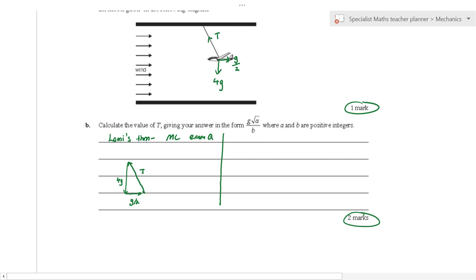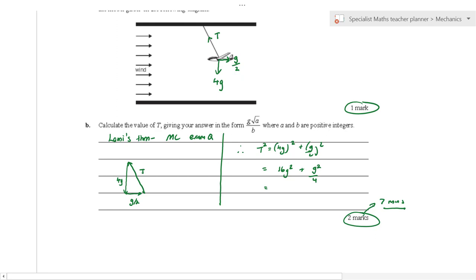Okay, if you don't know what you're doing though, you could spend 7 minutes doing this question. All right, well, you can put your timer on now, but what we can say is that T squared is equal to 4G squared plus G on 2 squared. 4G squared is 16G squared and G squared on 4, like so.